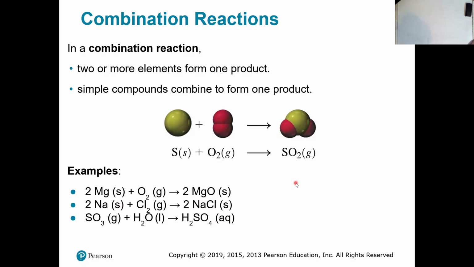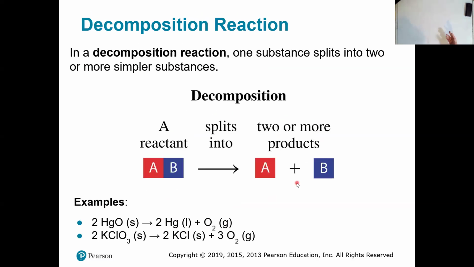All right. Sort of the opposite of a combination reaction would be your decomposition reaction, because your decomposition reaction means that you're starting with just one reactant and it's going to decompose or split into 2 or more products. Okay. So in decomposition reactions, you start with one thing and it splits up into 2 or more simpler things. All right.